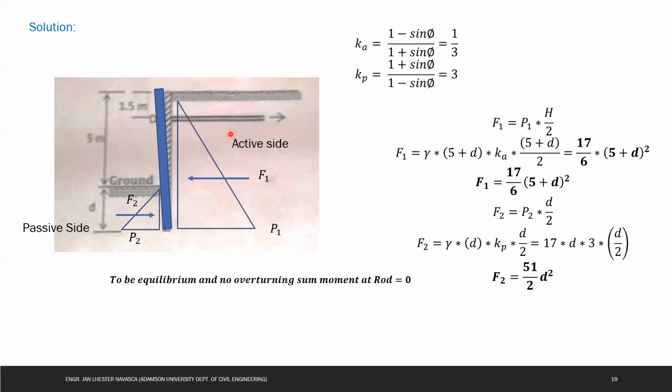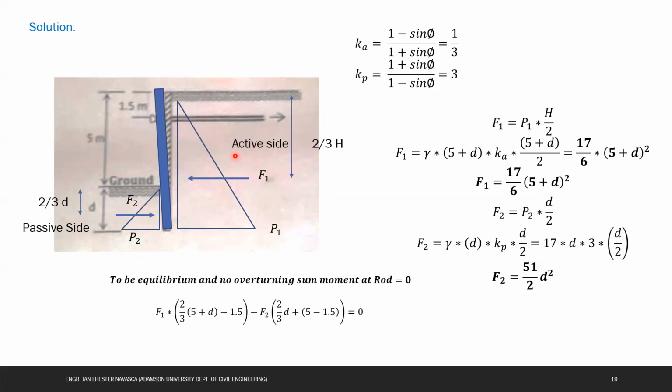Okay. So for the F sub 1, that is 2/3 H, right? So for the F sub 2, you have 2/3 D. That is the location of their center of gravity. So therefore, the distance of F sub 1 to the tension rod is 2/3 H minus 1.5 meters.